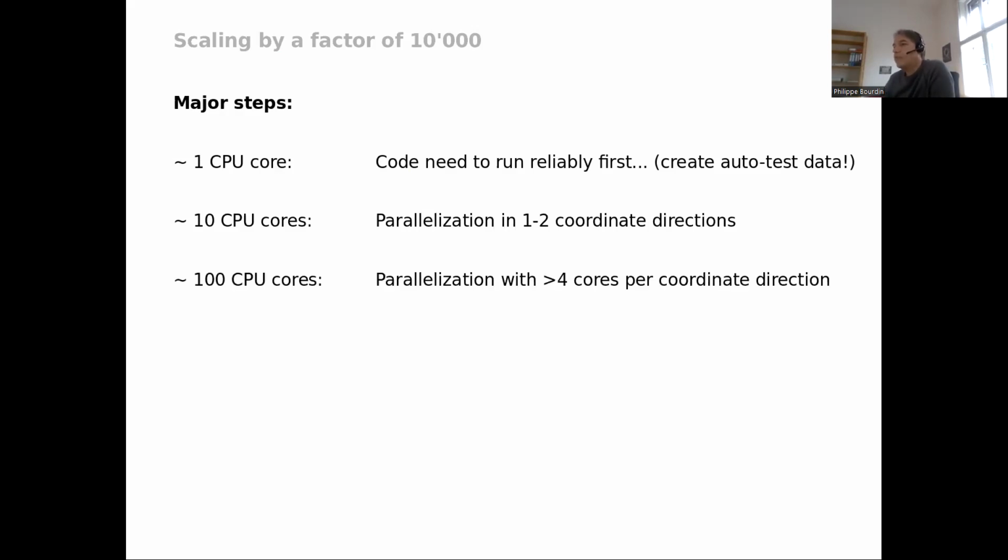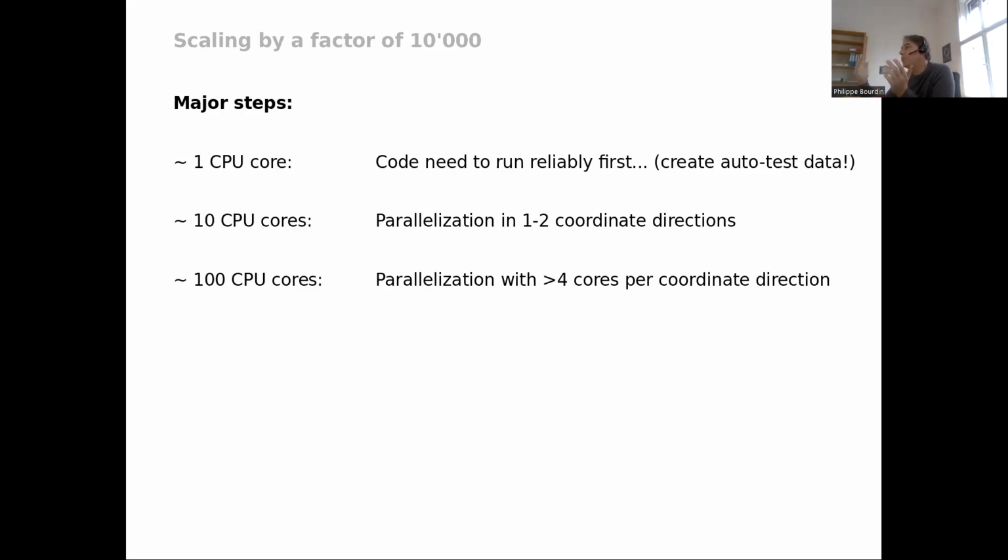If you had, let's say, 100 cores, then you could do parallelization with about 4 cores or more per coordinate direction. So you could start also dividing the setup in the X direction, which you usually want to avoid because the X direction is the fast one, so you want to have it as large as possible.